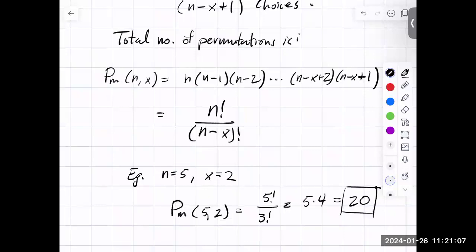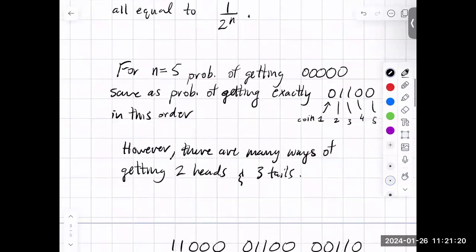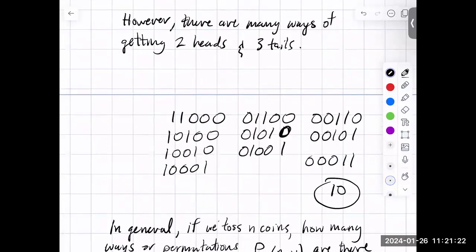It's 20. All right. So can anybody think of why we calculated 20 here, but we drew only 10 possibilities?